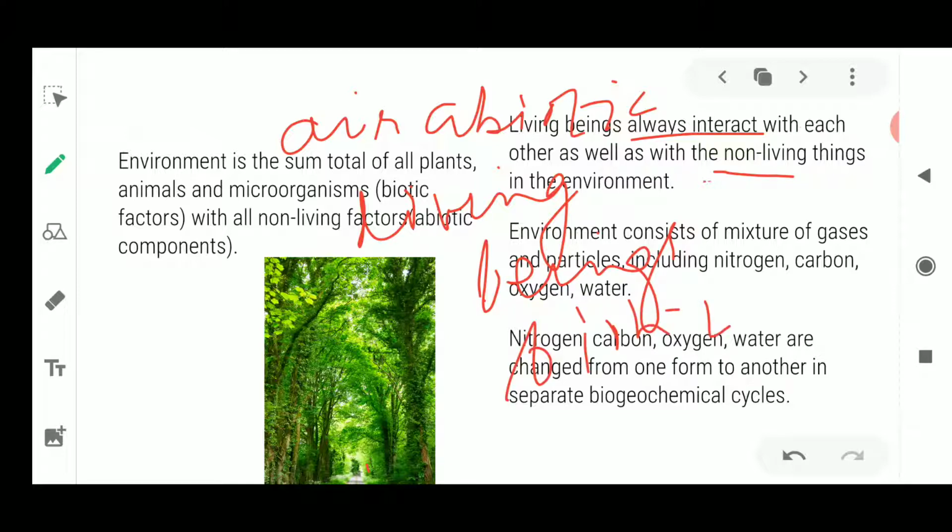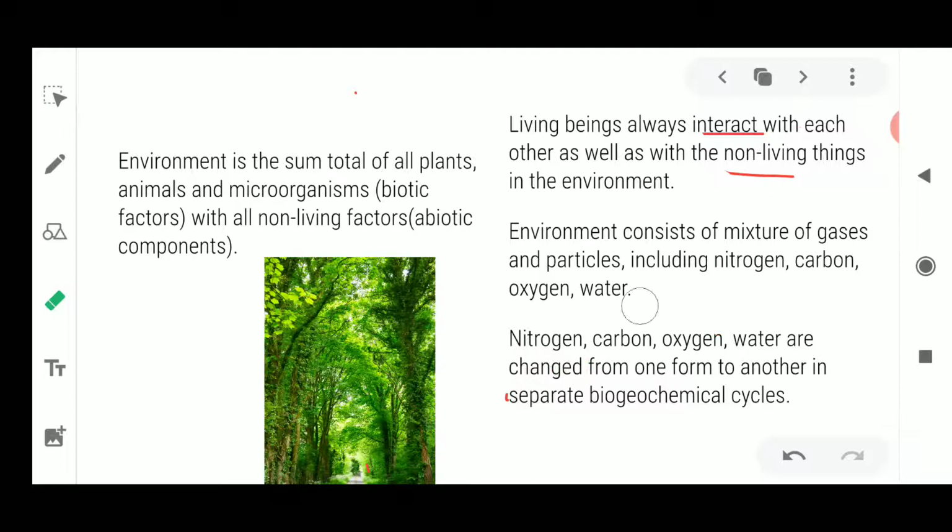If we need to live, we need to breathe oxygen. So oxygen here is an abiotic component, and living beings, the animals and human beings which take up the oxygen, are the living components. So we can easily say that there is a relationship between the biotic and abiotic components of the environment.